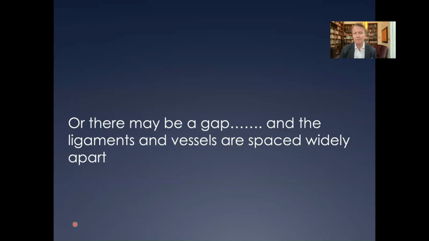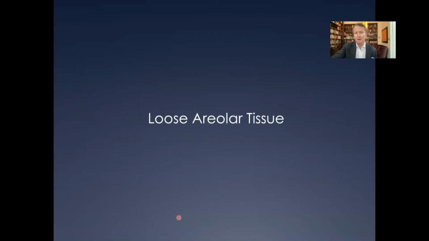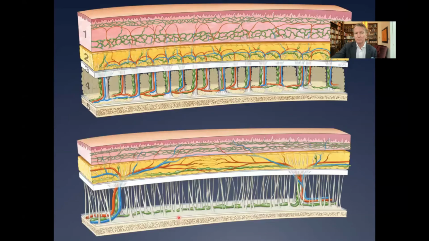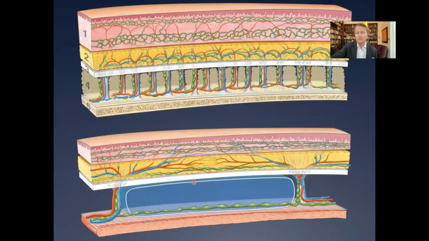Or there may be a gap and the ligaments and the vessels are widely spaced apart, like this, where you can see that 1, 2, and 3 are still tightly bound together, but there's a gap in between the ligaments binding the layers together. And this gap may be filled with loose areolar tissue, as in this case here, or a bursa, as in this case here.